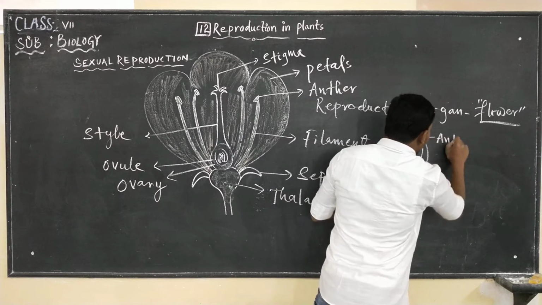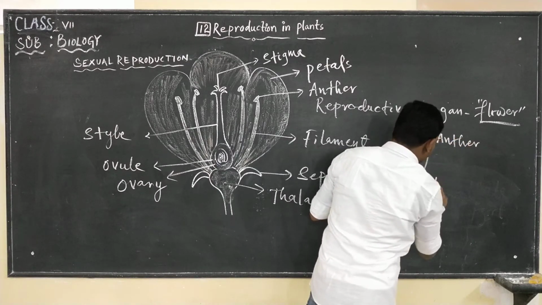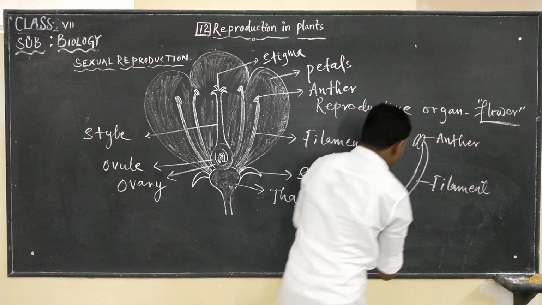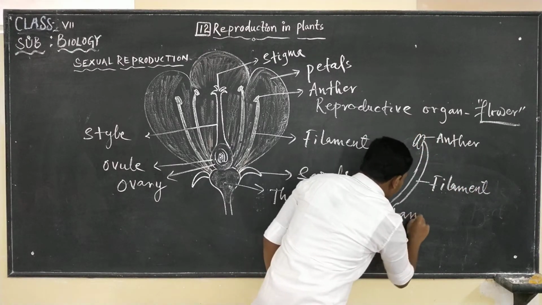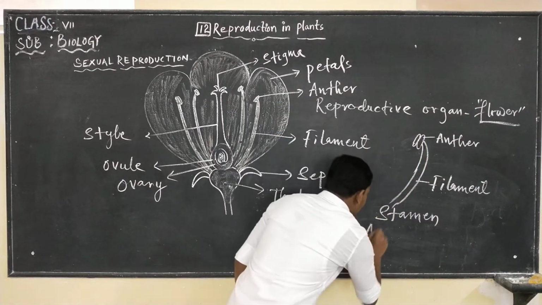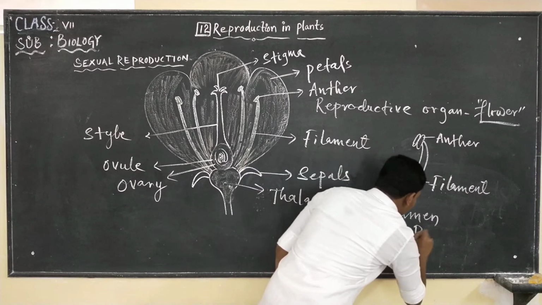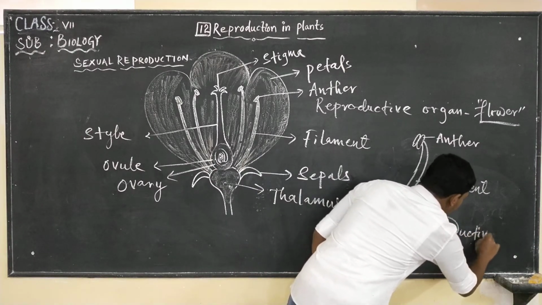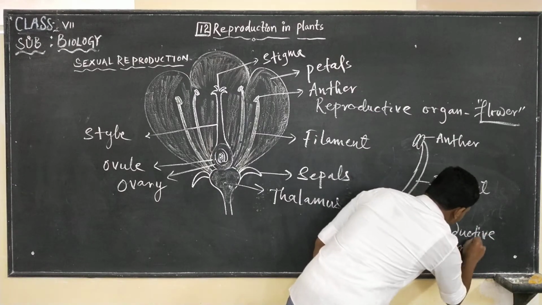Anther plus filament is known as stamen. So this stamen is the male reproductive part of the flower.